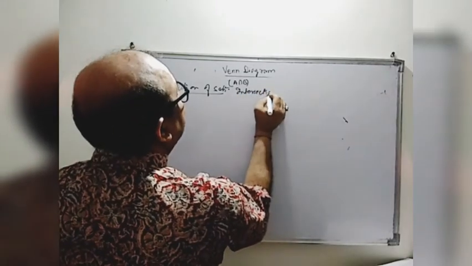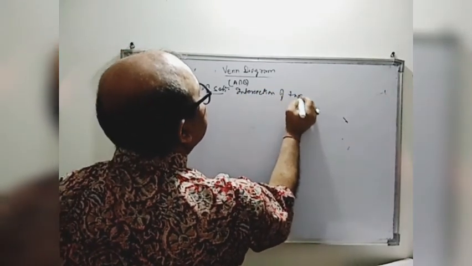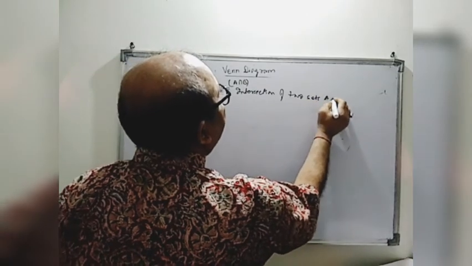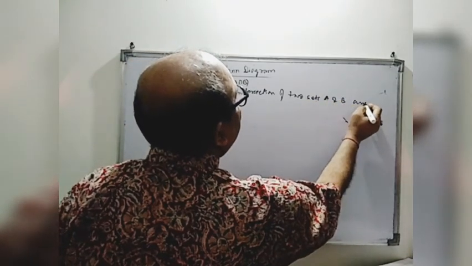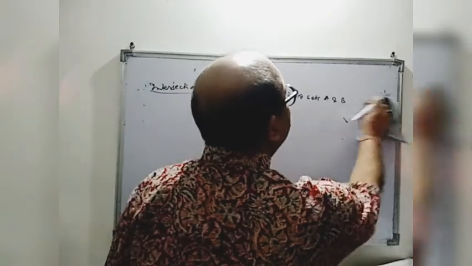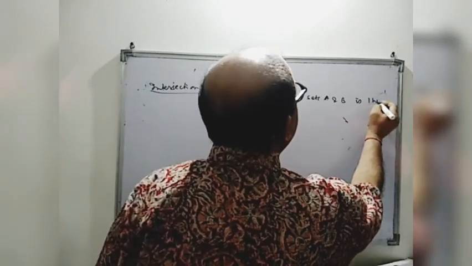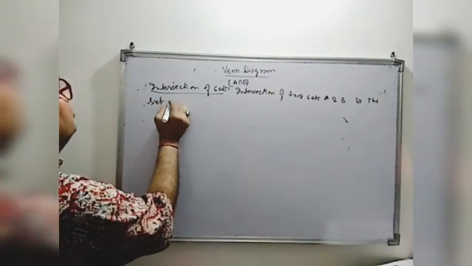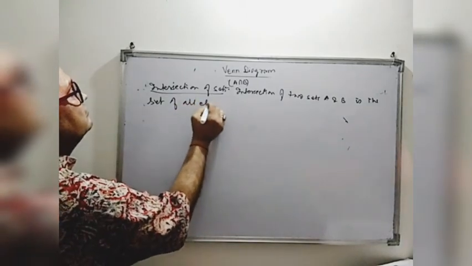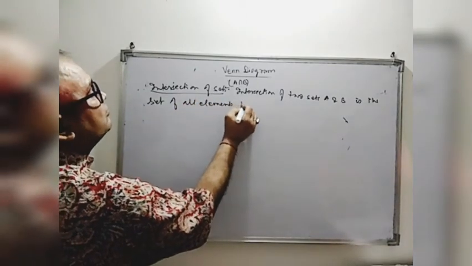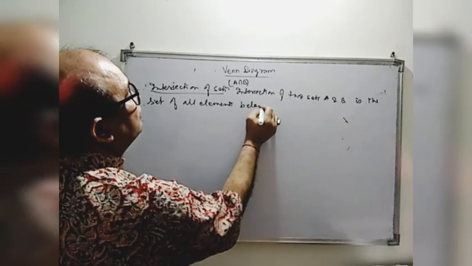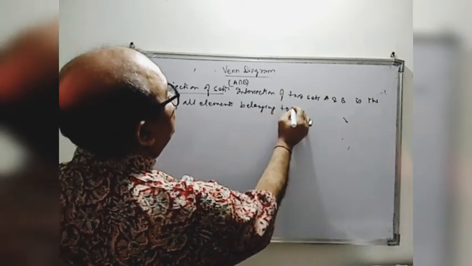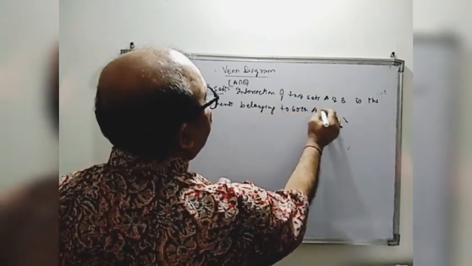Intersection of two sets A and B is the set of all elements belonging to both A and B. How is it?